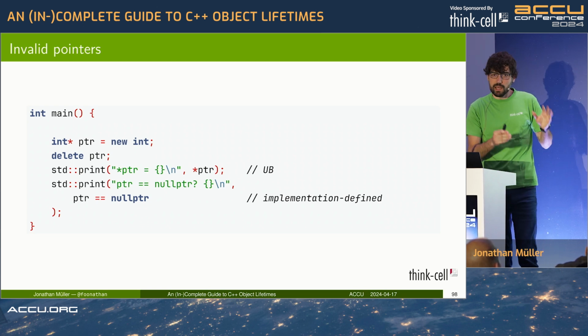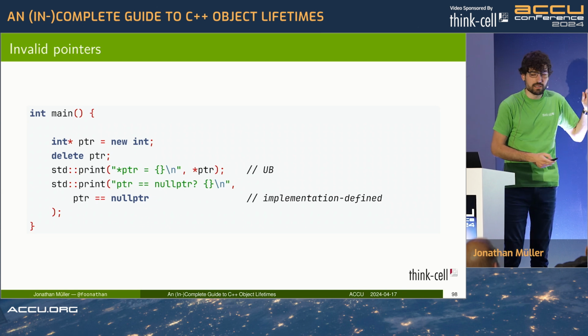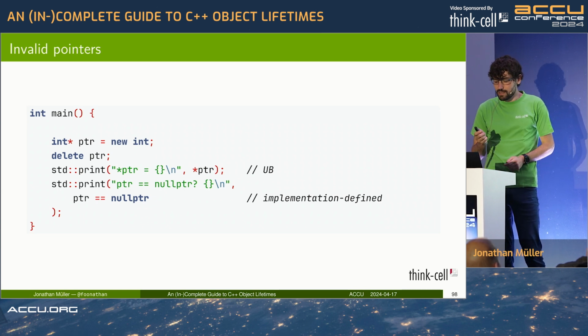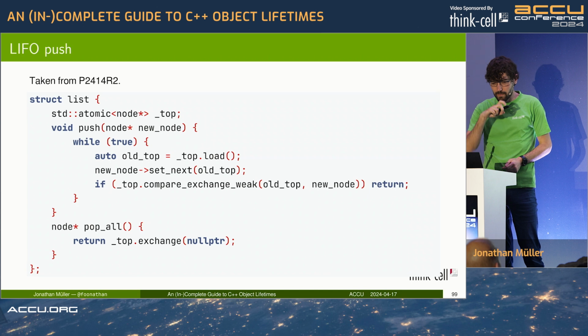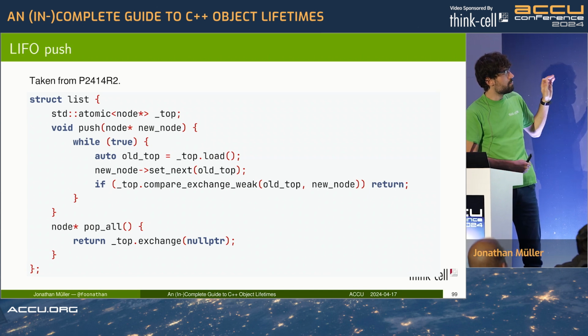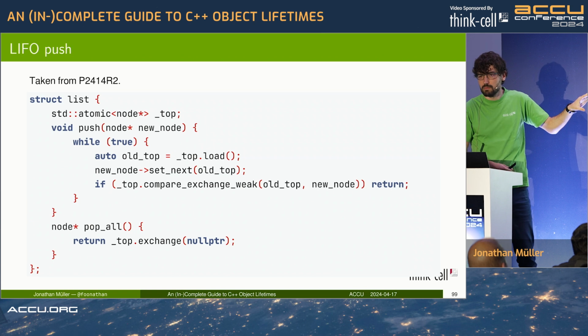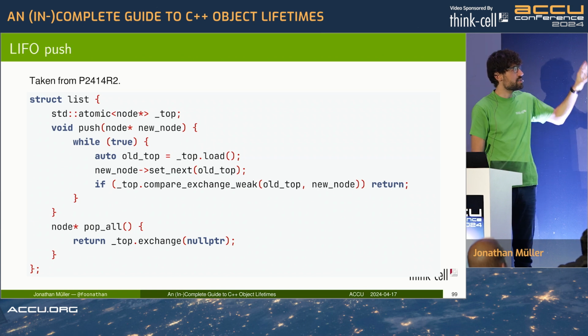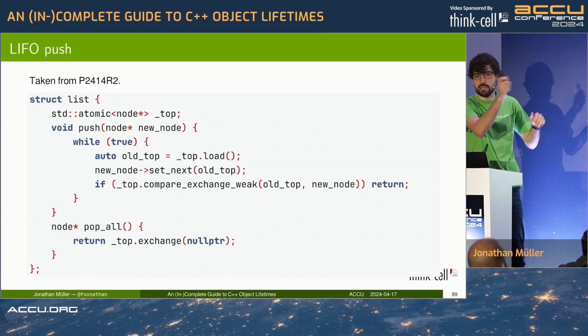Now, this behavior of invalid pointers has pretty interesting consequences when we consider multi-threading. So this is an example I've taken from a paper. We've got a multi-threaded stack. So we've got a singly linked list of nodes, and each node has a next pointer.